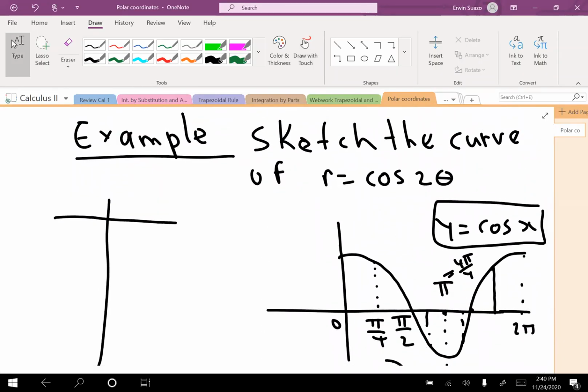Because I need more points, since I had 2 pi, whatever I write is gonna be multiplied times 2. So I'm gonna put 8. So I'm gonna put 0, 0, pi 8. Then I'm gonna put 2 pi 8, that is pi fourths, right?